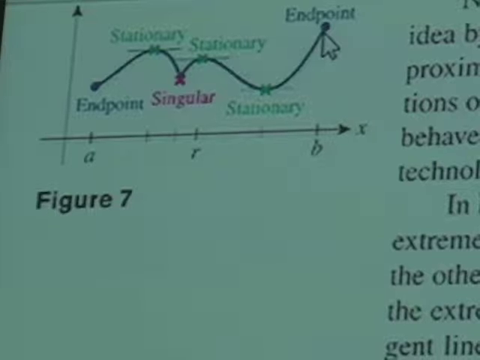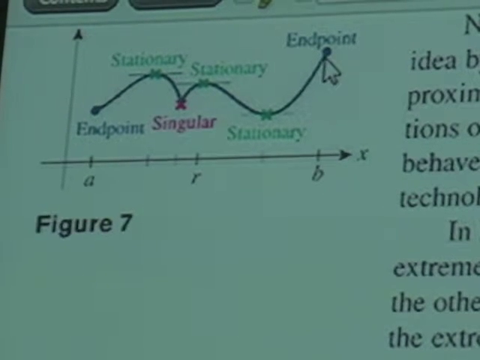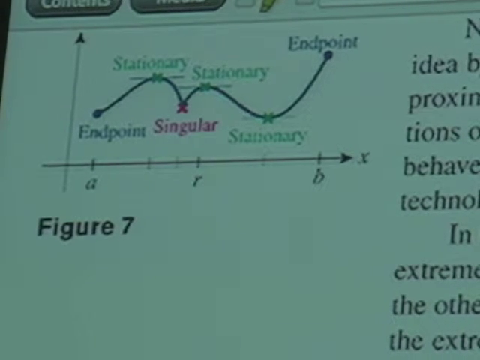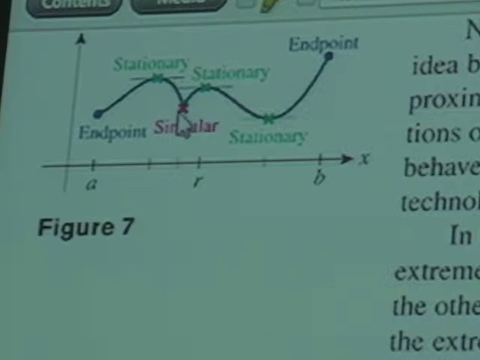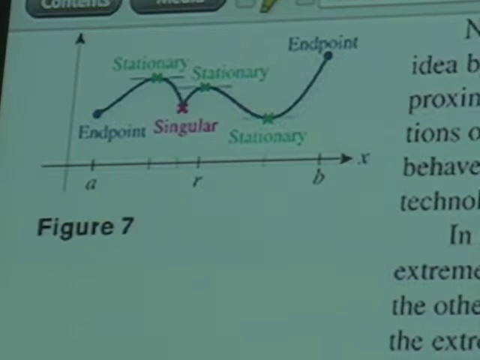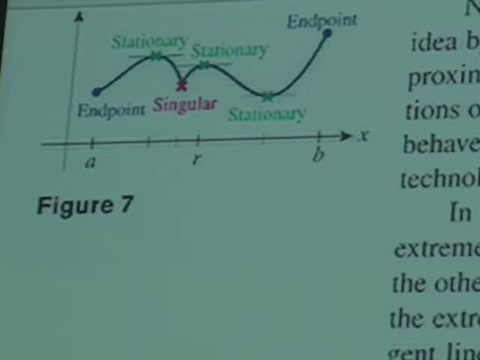And what do I call a point that is either stationary or singular? Critical point. Okay? So actually, where can the maximums or minimums occur?